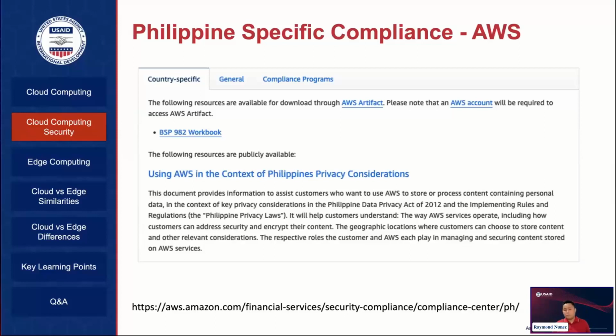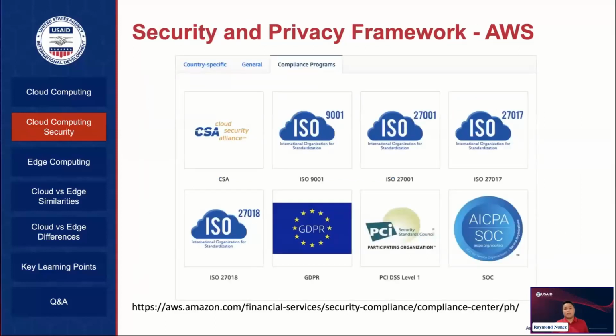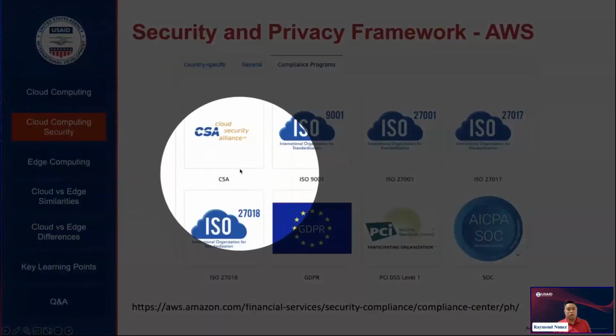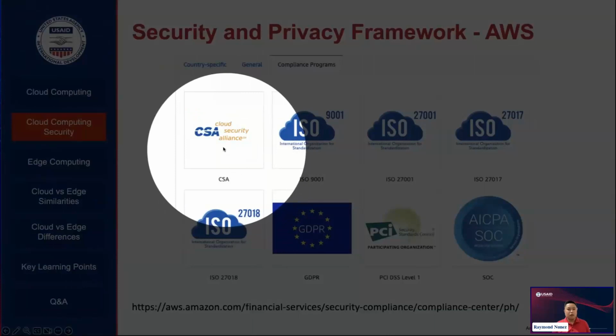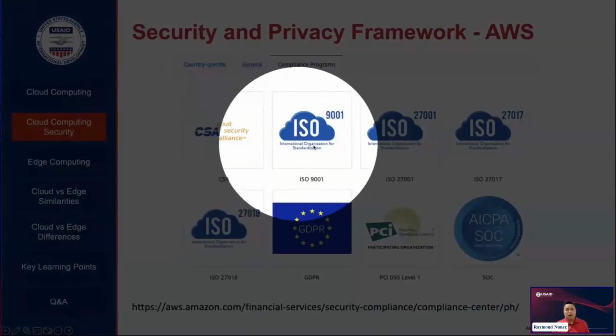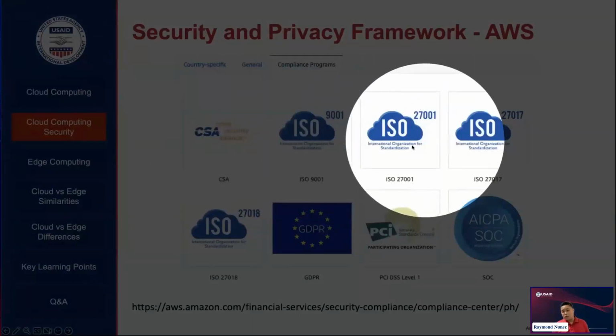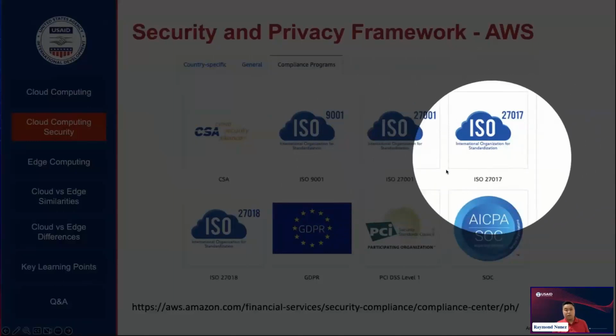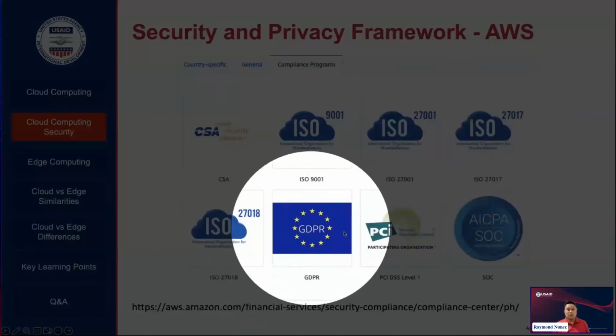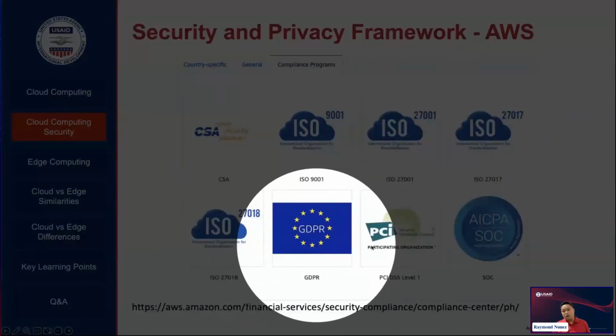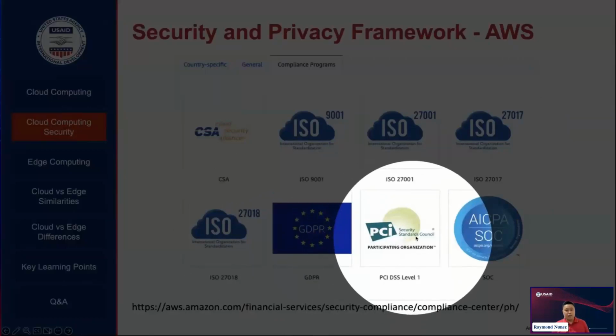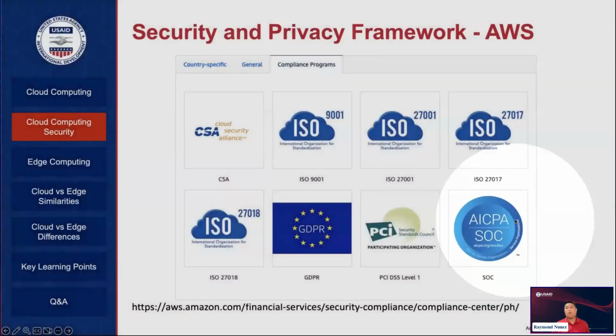And there are compliance that, let's say for example, nito kay AWS, that they are referring to that they are compliant, like they are accustomed to complying with Cloud Security Alliance, ISO 27001 for security, 27017, 27018, European GDPR, PCI DSS, and NSOC compliance.